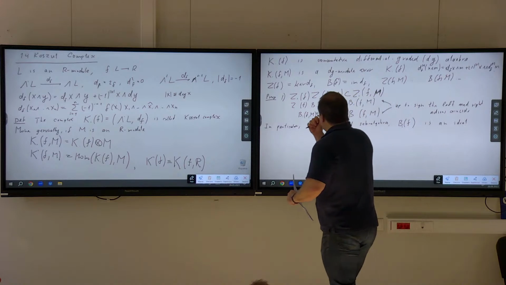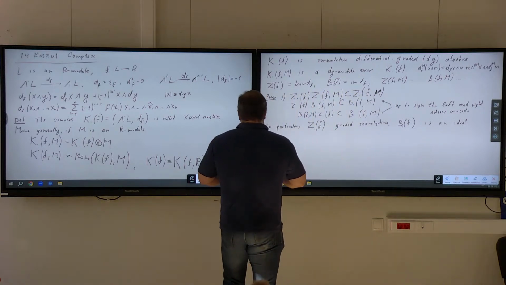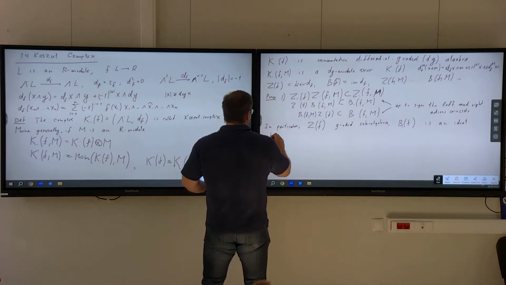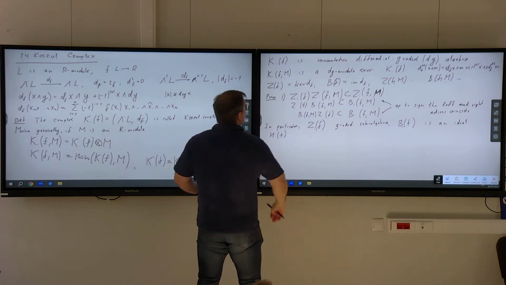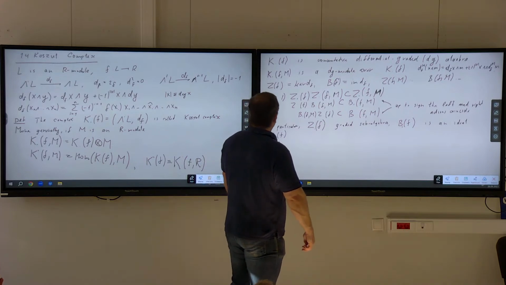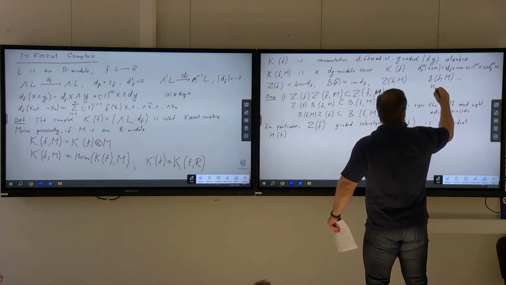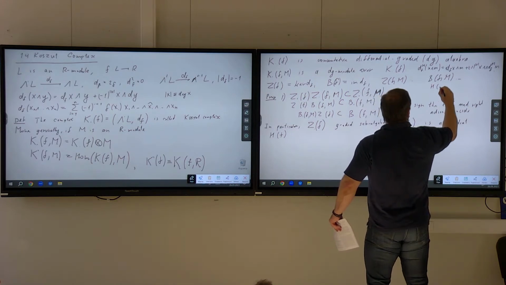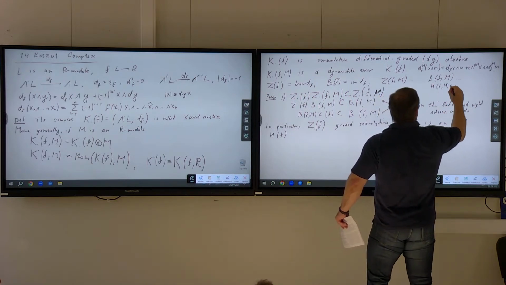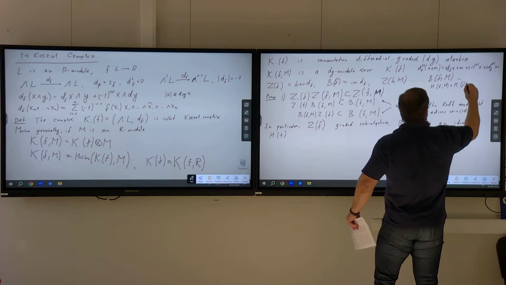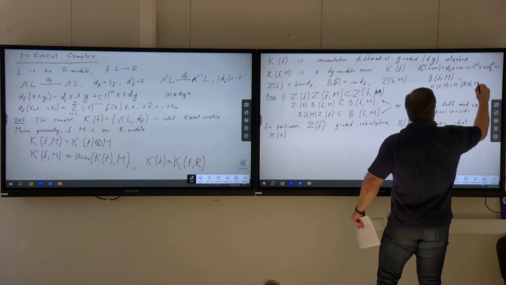So this is an ideal, and this means that the homology that I'm going to write just H of f, maybe I just need to introduce this notation somewhere here before the proposition. So the homology, say, depending on f and M, by definition you take homology of the Koszul complex.